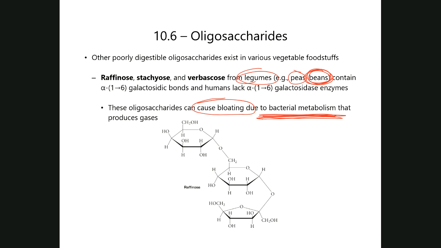That's what leads to the bloating and the flatulence. So let's analyze the sugar here so we can figure out what types of linkages are present. First of all, we need to identify the specific monosaccharides that make up this sugar.